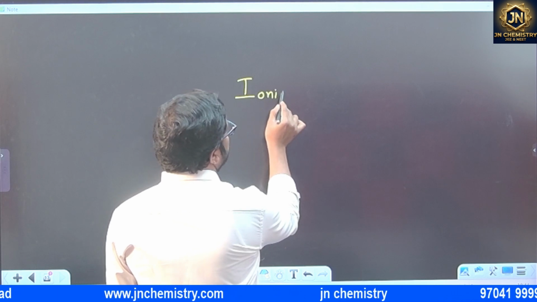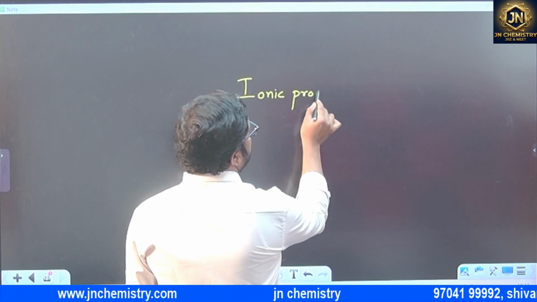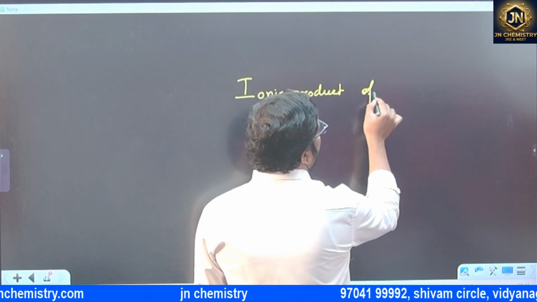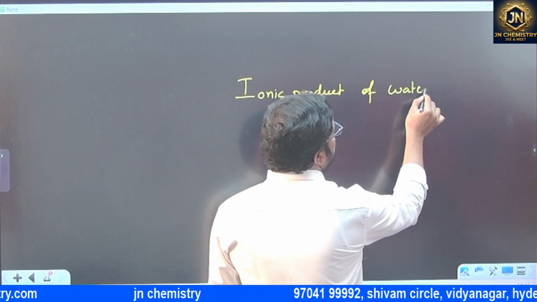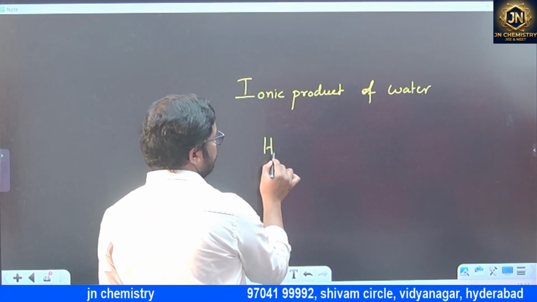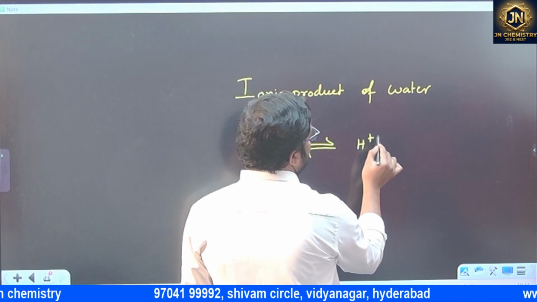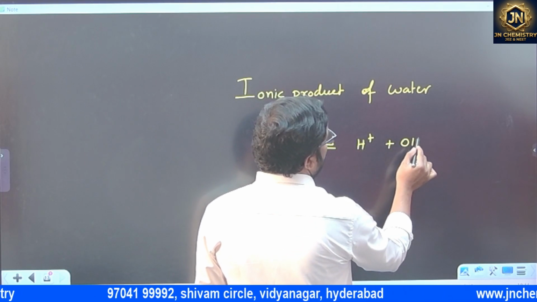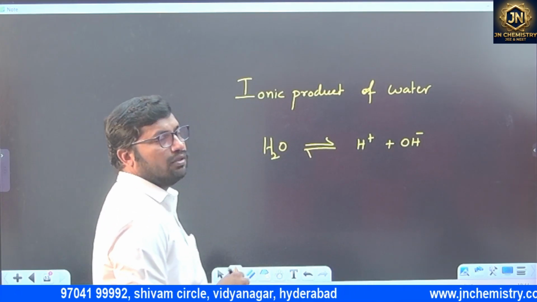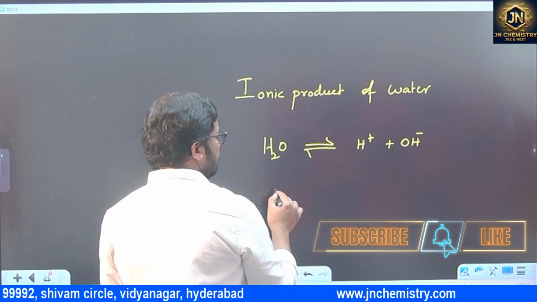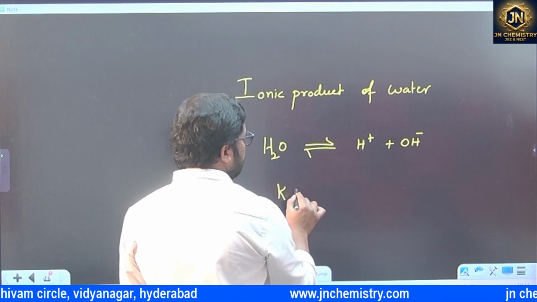Ionic product of water. If water undergoes dissociation into H plus and OH minus, so if you are writing K, it is equal to what, Nana?